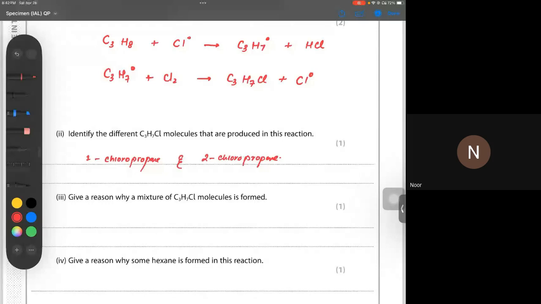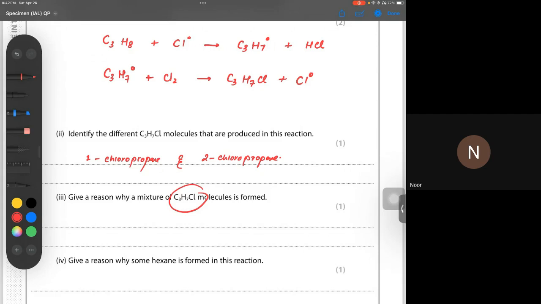Why is a mixture formed? Because the chlorine radical can remove hydrogen from the first carbon, or from the second carbon. Of course we have three carbon atoms, so I cannot say the third position. We have only two positions, the first position and the central, second position, that's it.